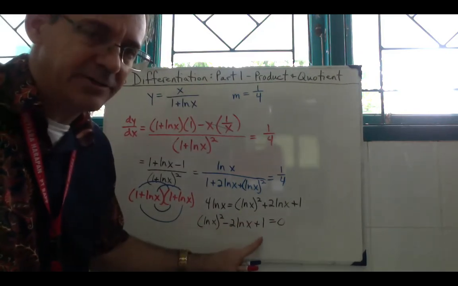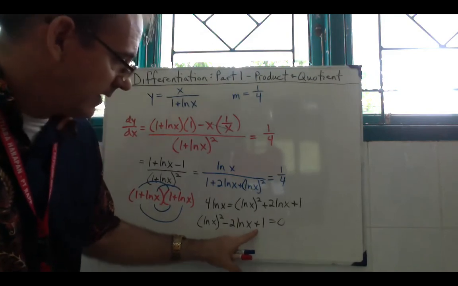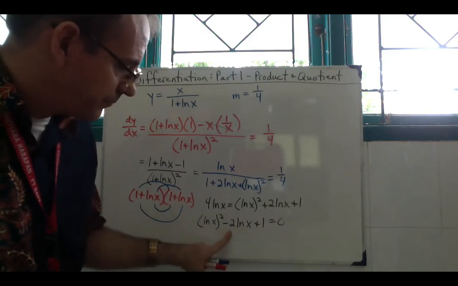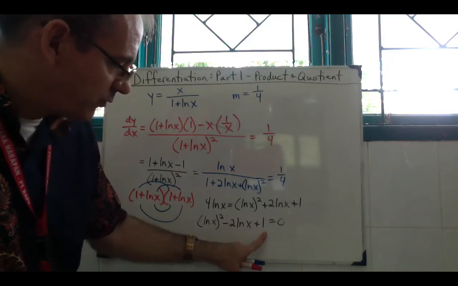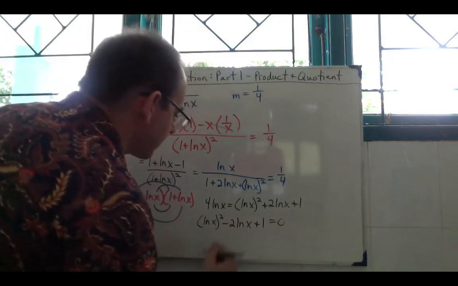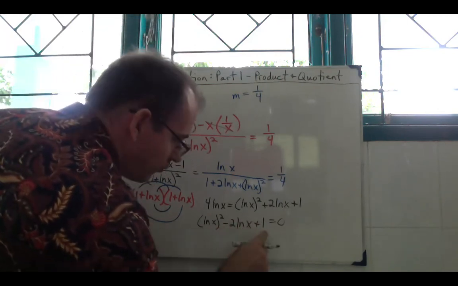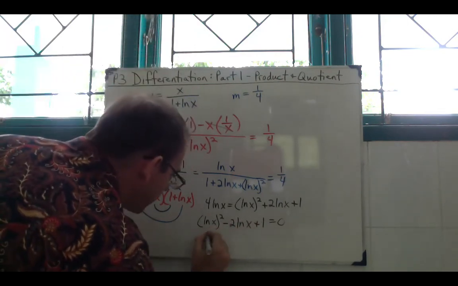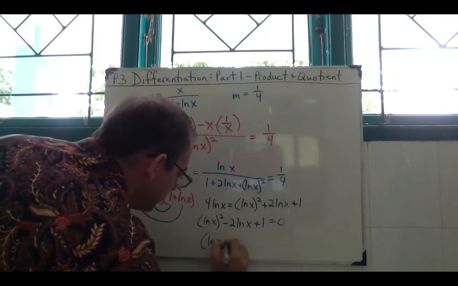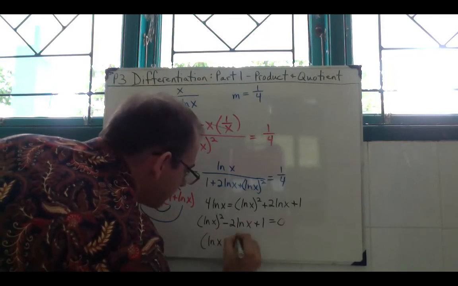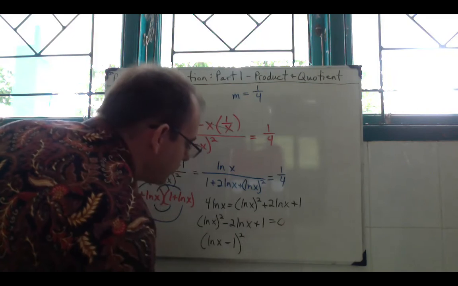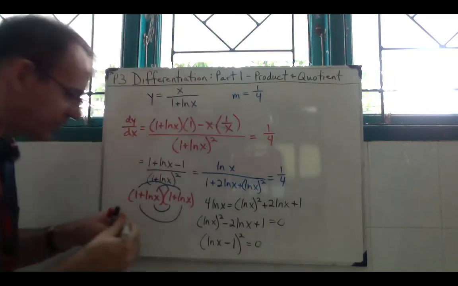It does factor. The factors of 1 that add up to 2 are 1 and 1. So we get ln x minus 1 squared equals 0.